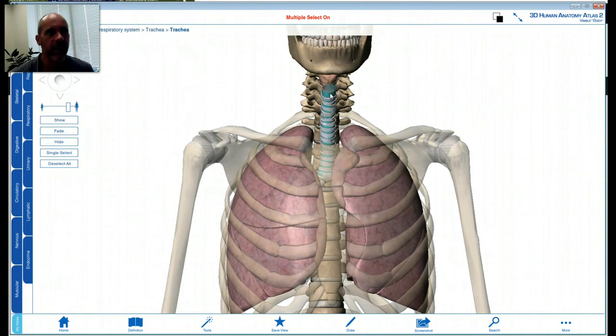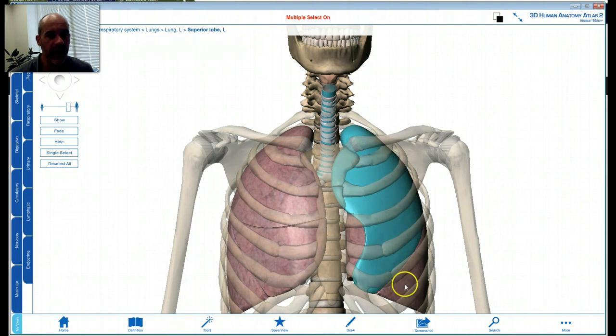That's your windpipe. Just superior to that, you have your larynx, protected there by the Adam's apple, and then above that you have your pharynx in the back of your throat. So air is passing down that tube, and then of course you've got your two lungs here, your left and your right lungs. Those are pretty obvious.